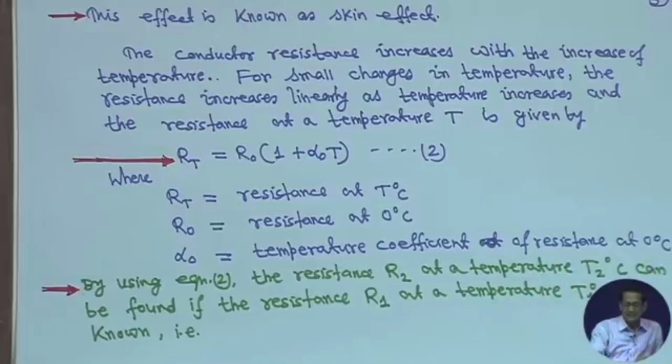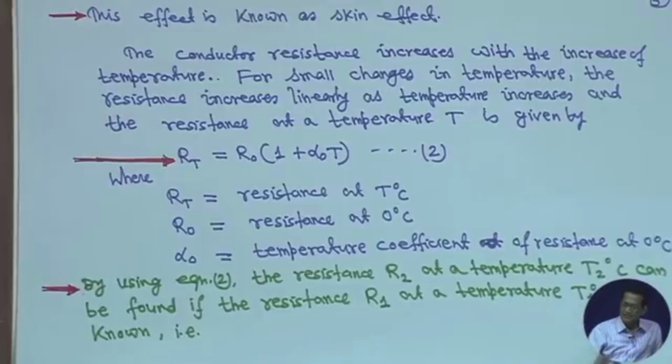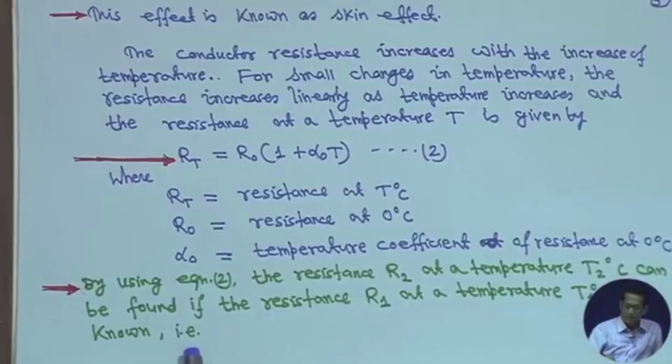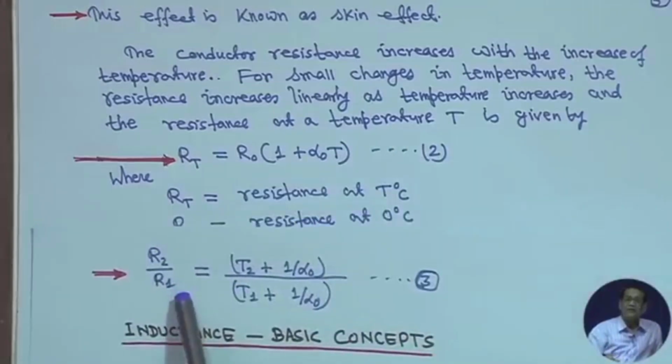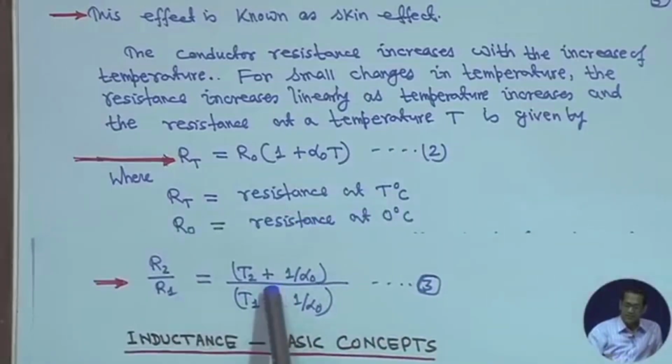By using equation 2, the resistance R2 at a temperature T2 degree Celsius can be found if the resistance R1 at a temperature T1 degree Celsius is known, that is, R2 upon R1 is equal to (T2 plus 1 upon alpha 0) divided by (T1 plus 1 upon alpha 0).